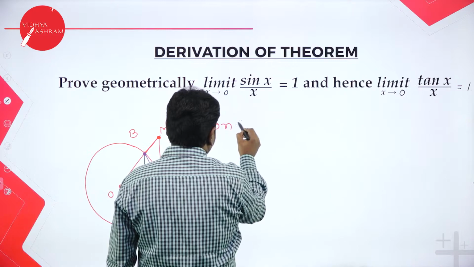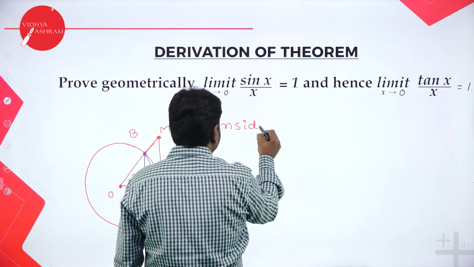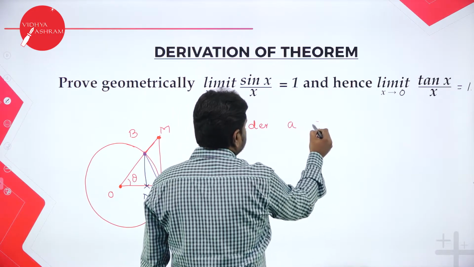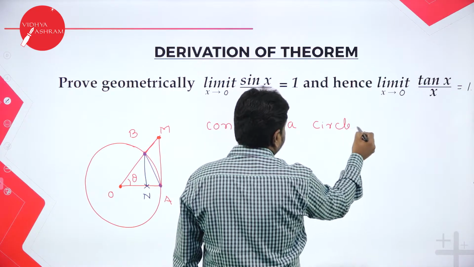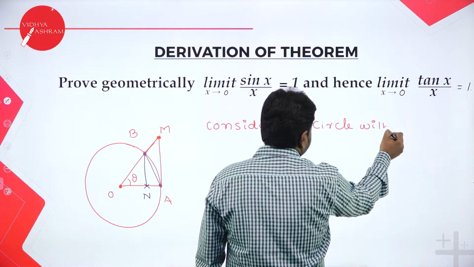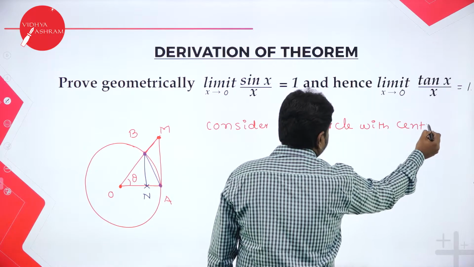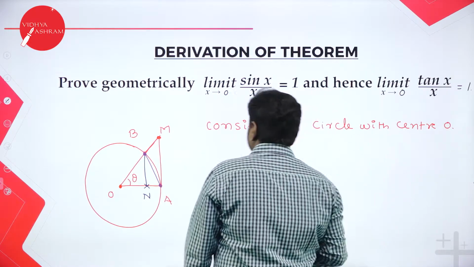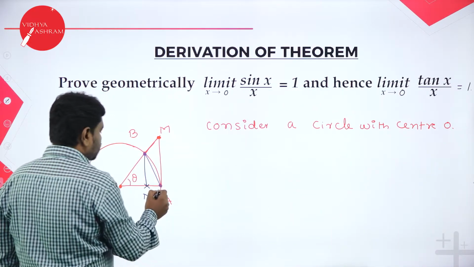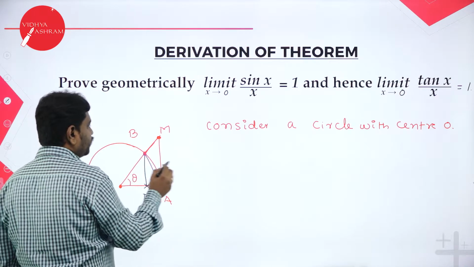Consider a circle with center O. A and B are 2 points on the circle. A is here and B is here.